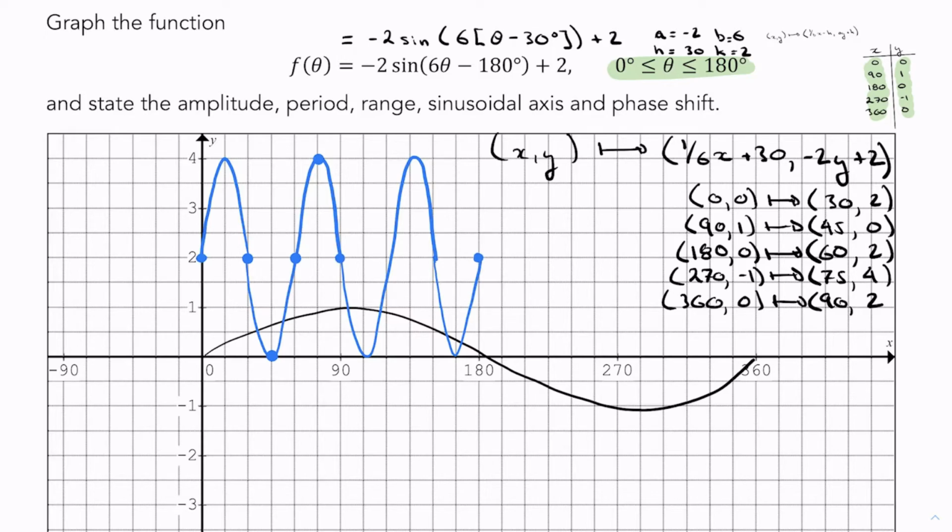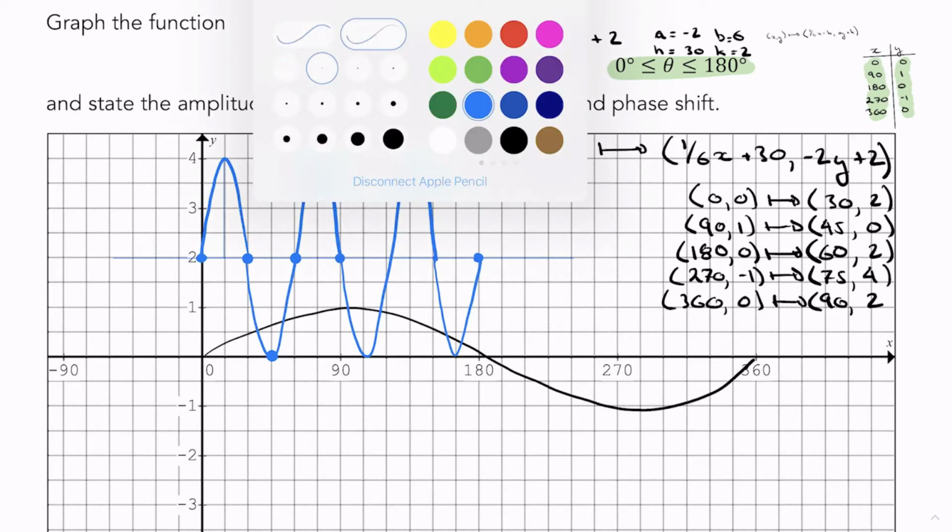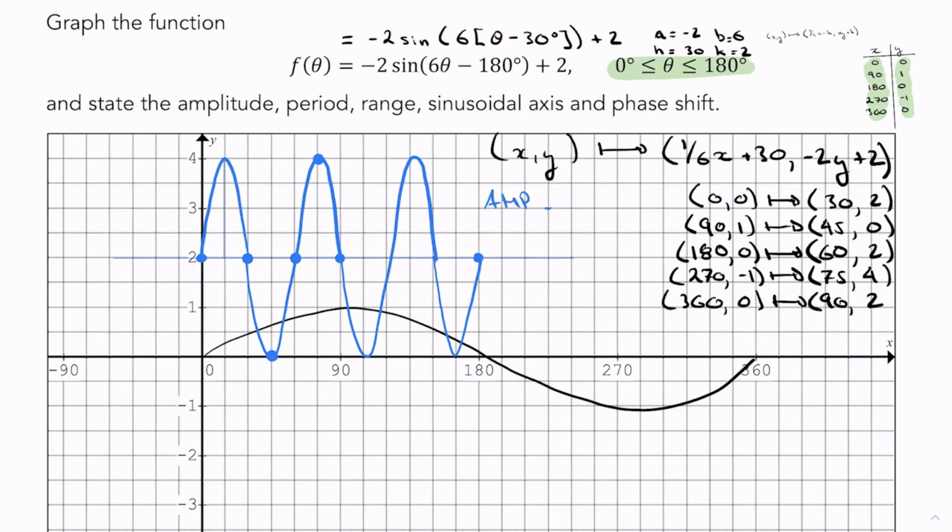And now we can answer some questions in terms of the amplitude, period, range, sinusoidal axis, and phase shift. So what do we have here? The amplitude. Well, that's just the distance from the middle, right here, to the top or bottom. So that's going to be 2. Amplitude is equal to 2. The period, well, that's pretty clear. If we start over here and end over here, that's one cycle.